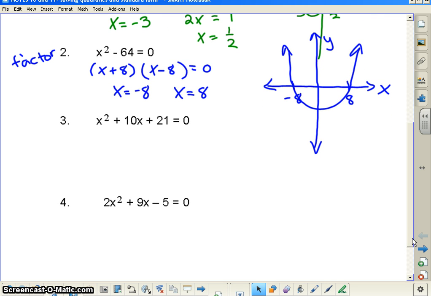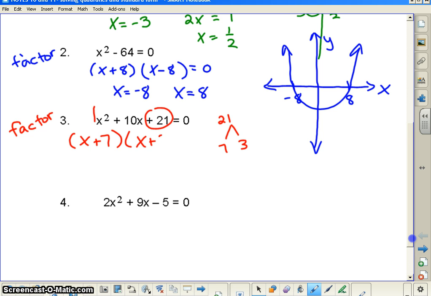On number 3, we want to go ahead and factor here. Since the coefficient of x squared is a 1, all I need to look at is the 21. The factors of 21 that also make 10 are 7 and 3. So x plus 7 times x plus 3 equals 0.